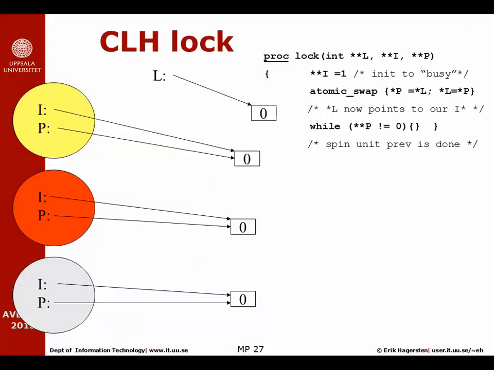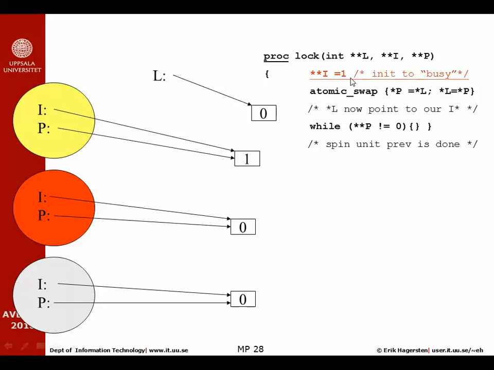So here is a picture of what would happen if 3 different threads wanted to get into the lock one by one. Initially, L is pointing to a memory location which is 0, so the lock is free. The first thread wants to get into that lock, so we perform the first operation: initialize whatever they're pointing to, to 1. Then we do the second operation, the atomic swap.